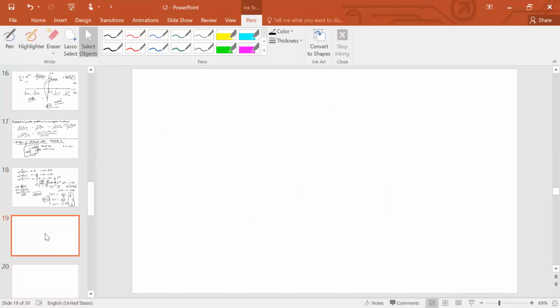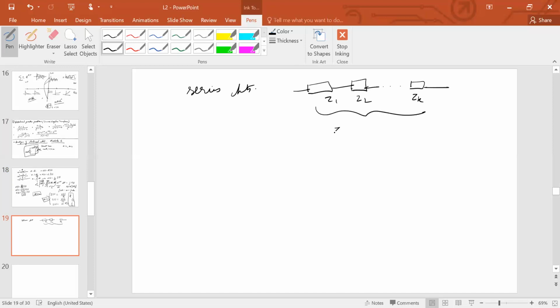Now, of course, these are certain things that you're familiar with. For example, if you have series circuits with impedances Z1, Z2, up to Zk, then the equivalent impedance is nothing but the summation of Zi, i equal to 1 through k.